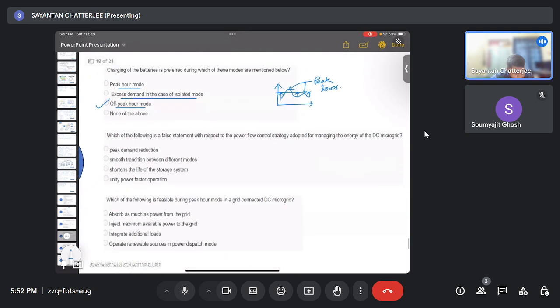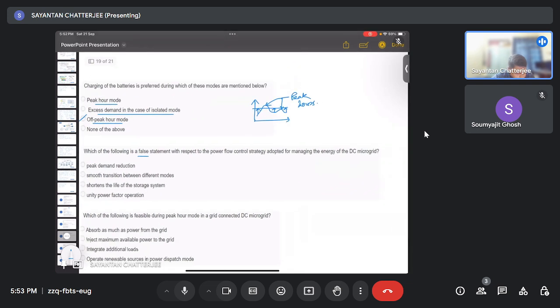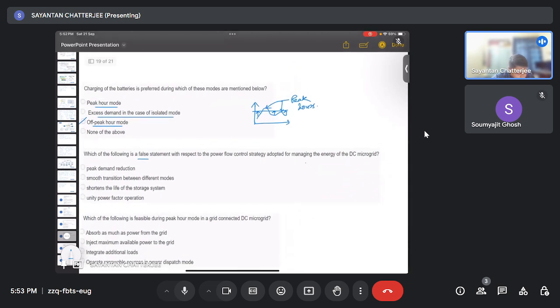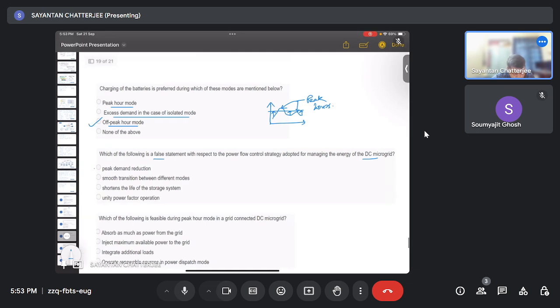Which of the following is a false statement with respect to the power flow control strategy adopted for managing the energy of the DC microgrid?